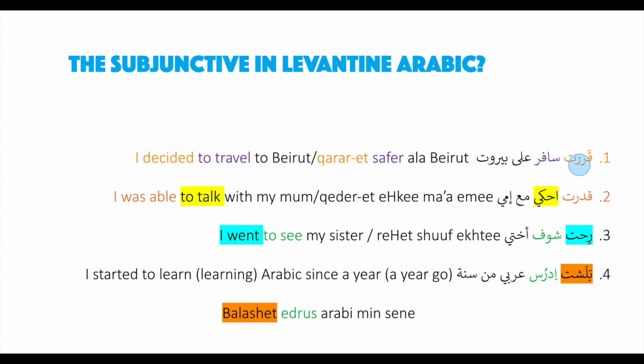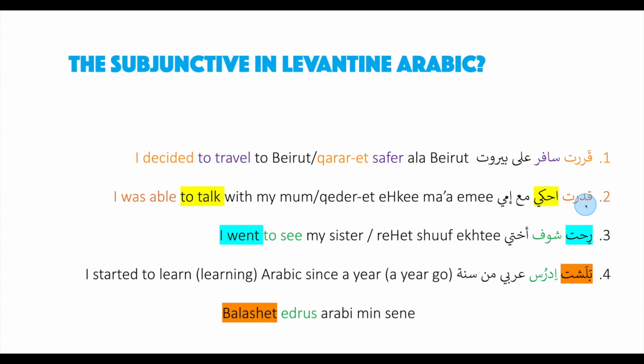However, the majority of people would drop the be if a verb comes after another verb, and that is the definition of the subjunctive. قررت is in the past tense, conjugated with I, and سافر is I travel. قررت سافر على بيروت. I decided I travel to Beirut. That's the literal translation. But the overall translation, I decided to travel.